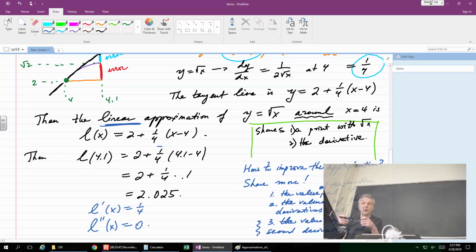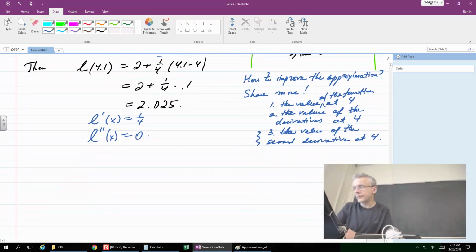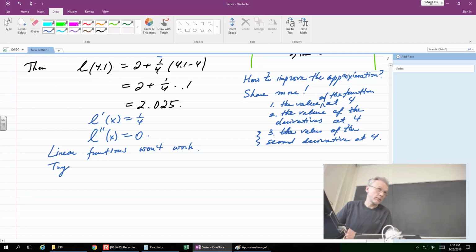So what do we do if linear functions are not good enough? Which way do we go? So, what's the next in the hierarchy? Constant function. Remember, the first approximation was constant. The next approximation is linear. What's the next?